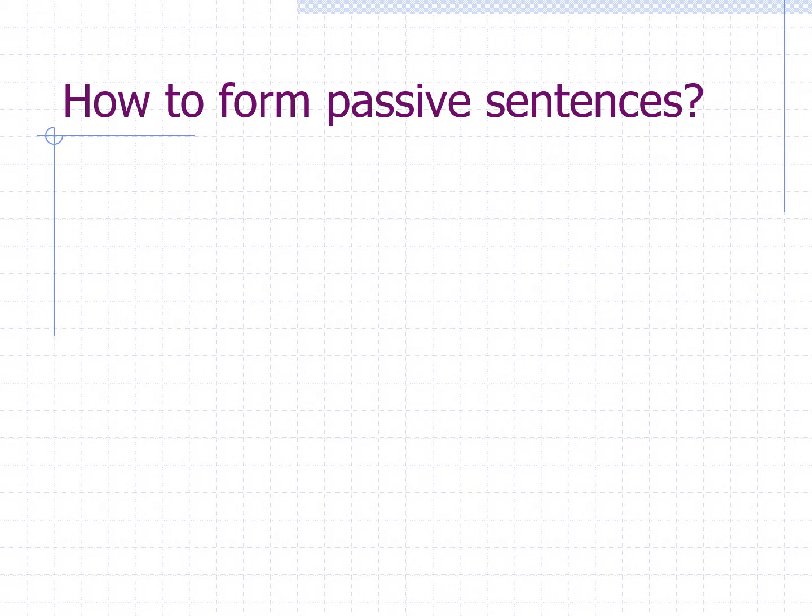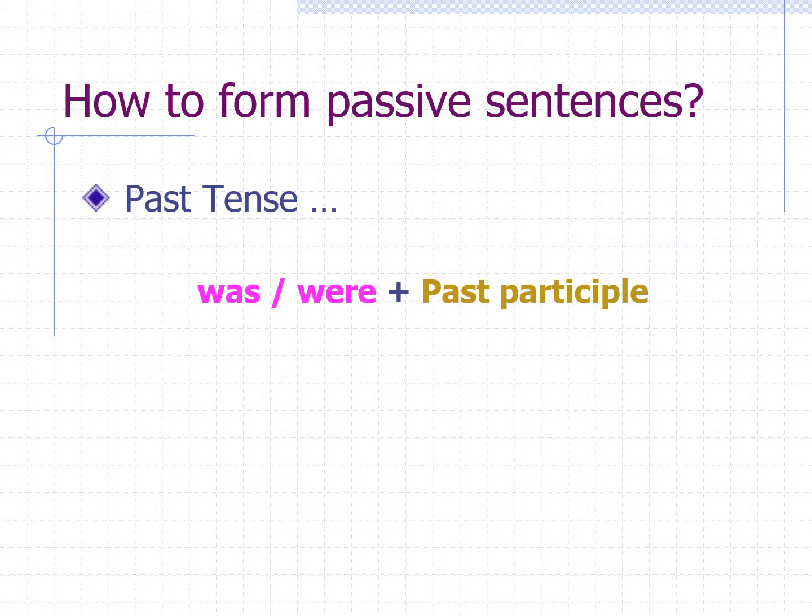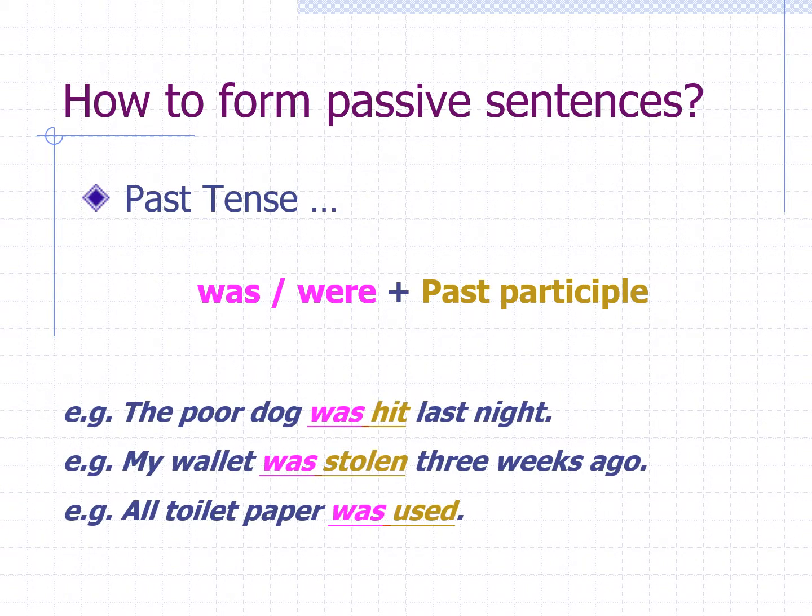If you understand how present tense works, then you should have no problems with past tense. In past tense, the verb to be would be either was, were, plus past participles. Look at these sentences. The poor dog was hit last night. My wallet was stolen 3 weeks ago.